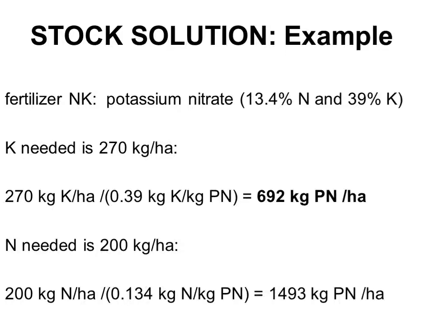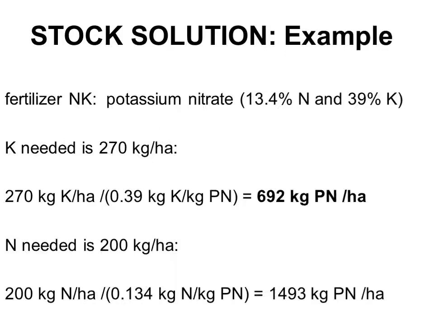Okay, if we want to apply only nitrogen and potassium, let's start with a fertilizer product that has both, like potassium nitrate. Potassium nitrate has 13.4% of nitrogen and 39% of potassium. Let's start by calculating how much we would need of this product if we wanted to supply the whole requirements of potassium or nitrogen using only potassium nitrate.